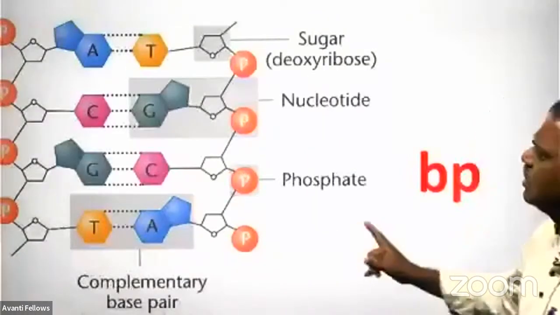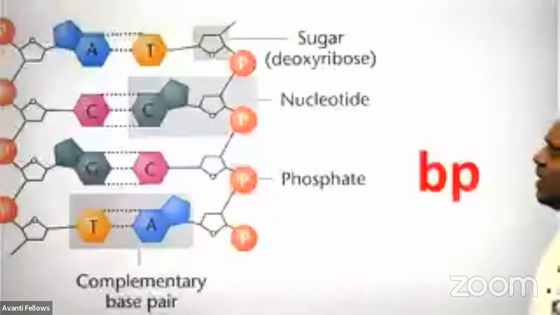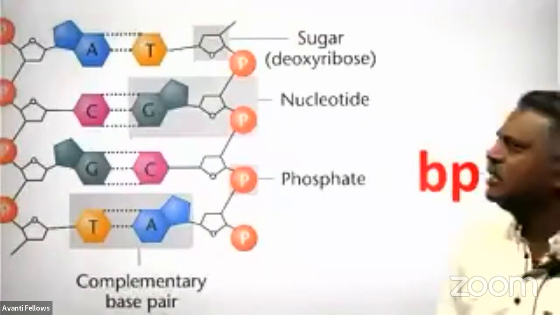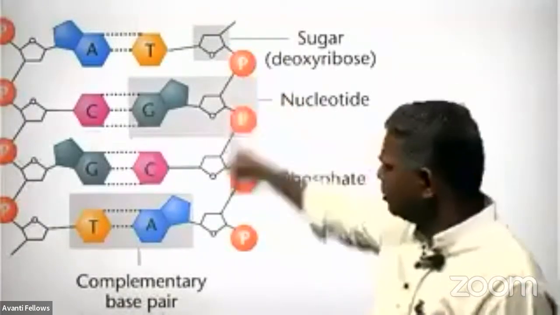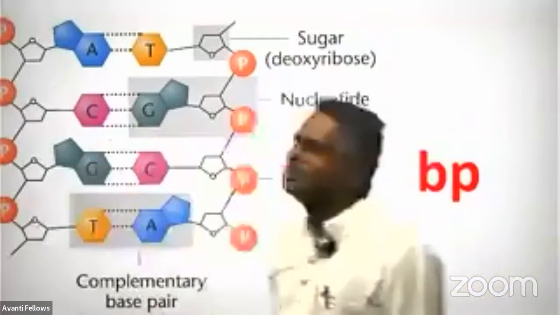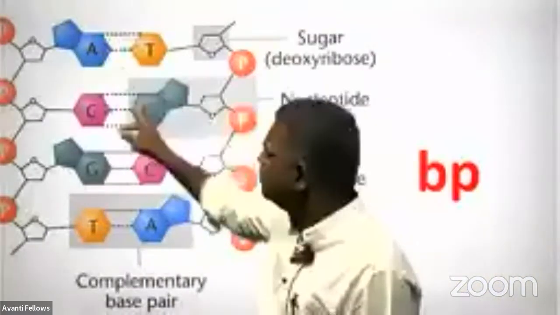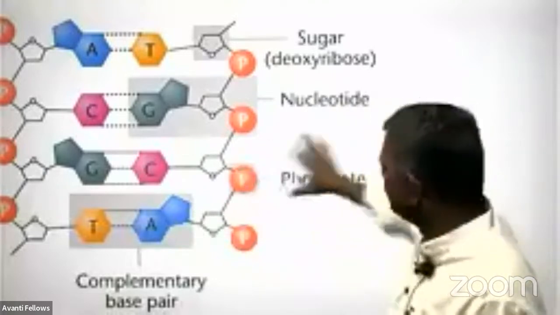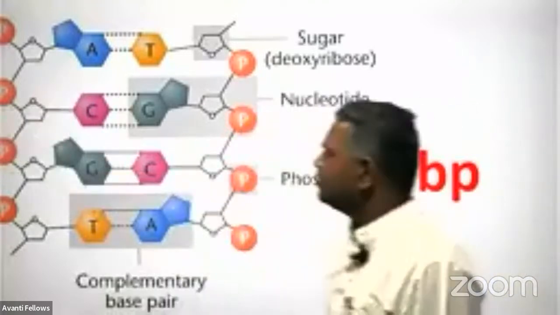Now come to the concept of base pairs. This is the nucleotide chain, and this is another nucleotide chain, keeping the nitrogenous bases exactly at the center and phosphate molecules towards both ends.